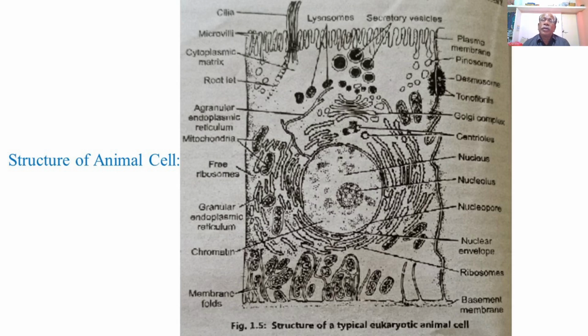And the nucleoplasm on one side also possesses a conspicuous structure called the nucleolus, which is rich in RNA and proteins, namely ribosomal RNA and ribosomal proteins.